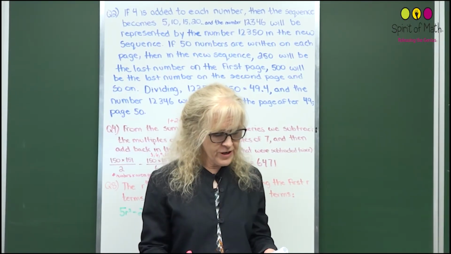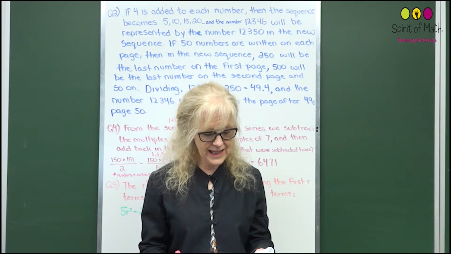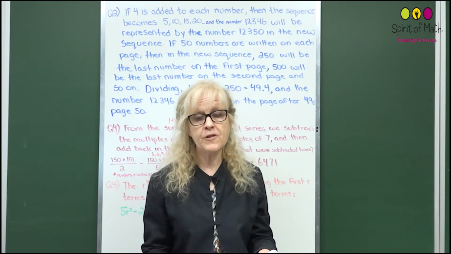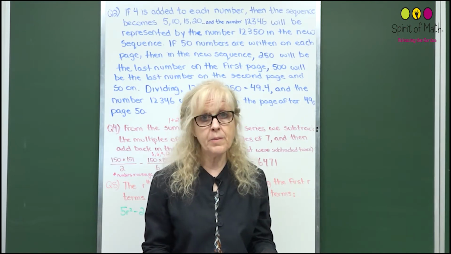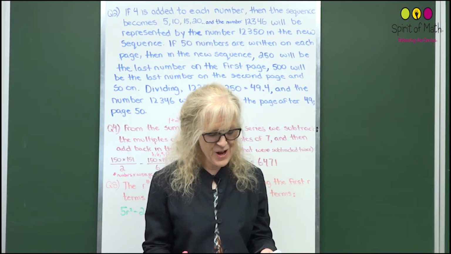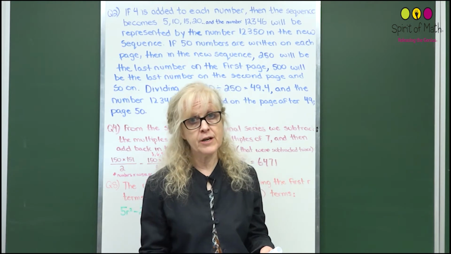All right, so for question number 2, it states the numbers 1, 6, 11, 16 are written in order in a book, 50 to a page, beginning on page 1. The number 12,346 will be written on page, and you have to figure it out.